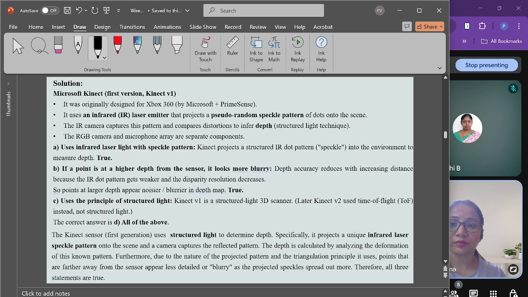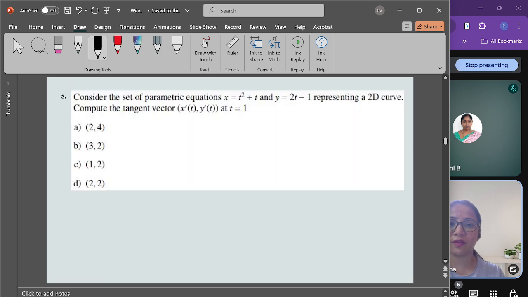Okay, so now moving to our next question. Consider the set of parametric equations x is equal to t square plus t and y is equal to 2t minus 1, representing a 2D curve. Compute the tangent vector, that is x dash t and y dash t, at t is equal to 1.